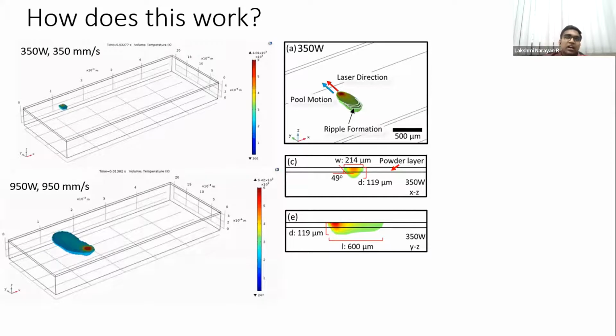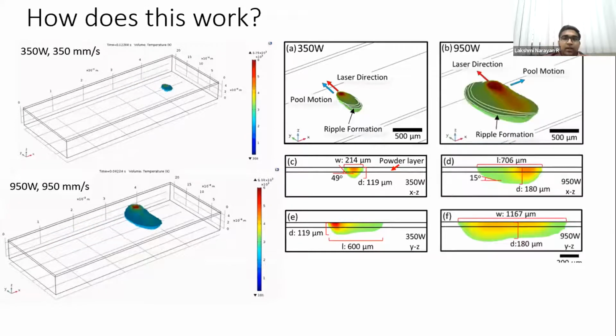If I use high velocity and high power, 950 watt, 950 mm per second, and I'm still using the stripe scanning strategy, but I'm using, let us say, a top hat laser profile, what I see is a humongously large pool. If you observe that, the laser direction and the melt pool motion are now perpendicular to each other.